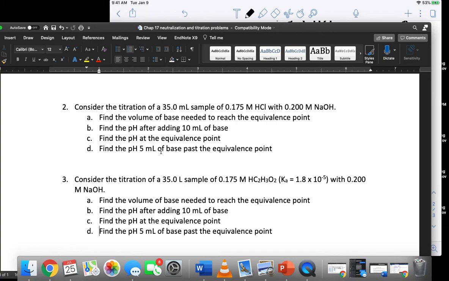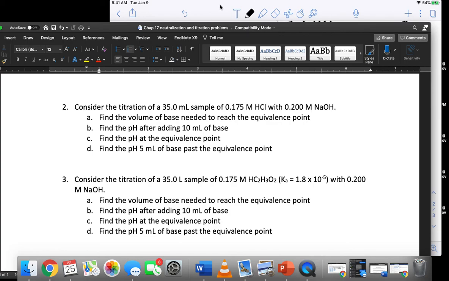On this part, I have a way that I can skip the BCA table, because if I'm thinking about what it means to be at the equivalence point, that means all of my HCl and all my NaOH are gone. But then if I add 5 more milliliters of base, the only thing in my solution that matters in terms of pH is NaOH.